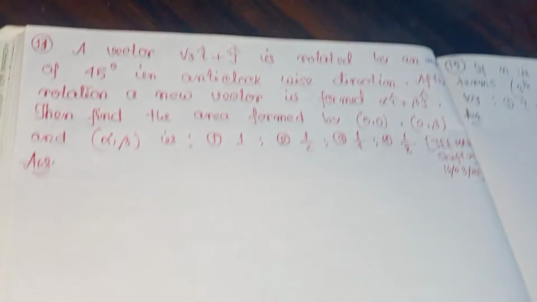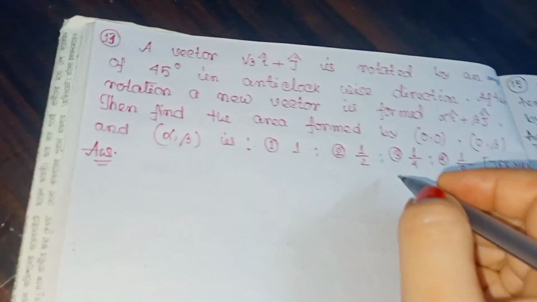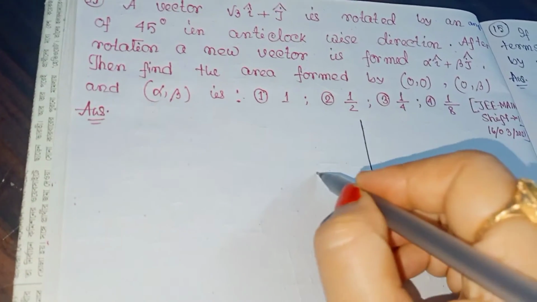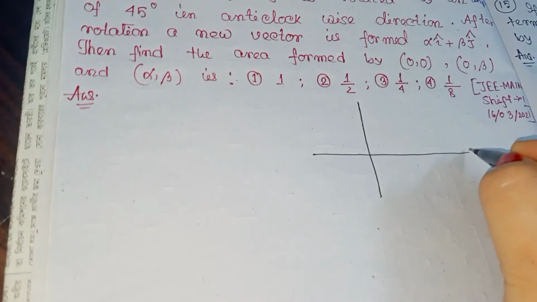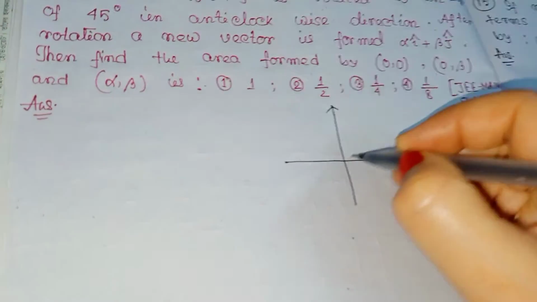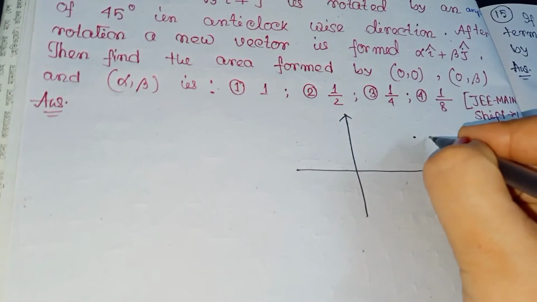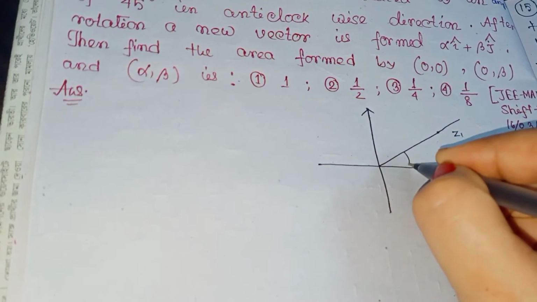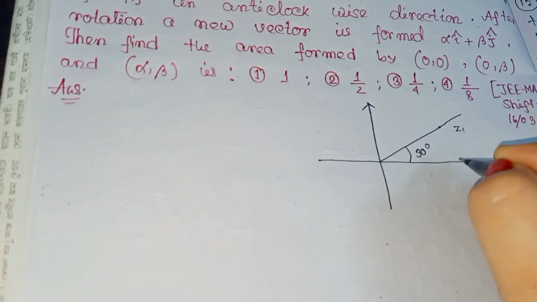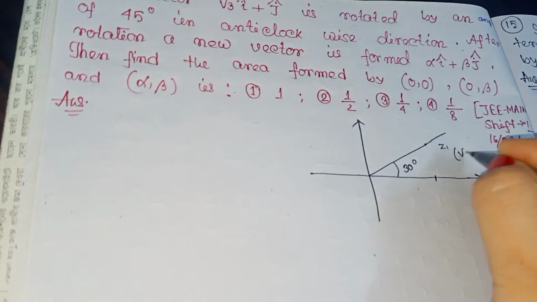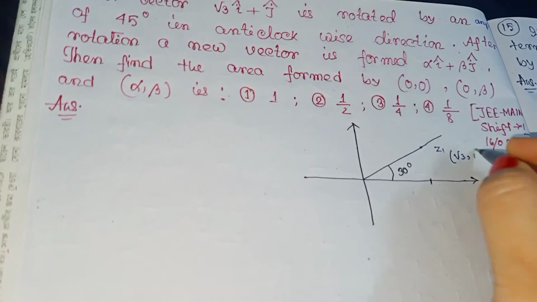Now let's draw the picture at first. So these are the two axes, the x axis and y axis. This is the vector z1. Here is the angle, this one is 30 degrees, and its coordinate is root 3 comma 1.